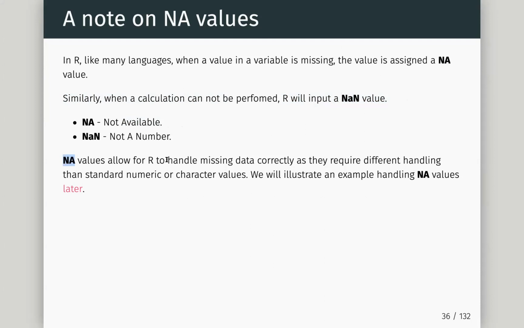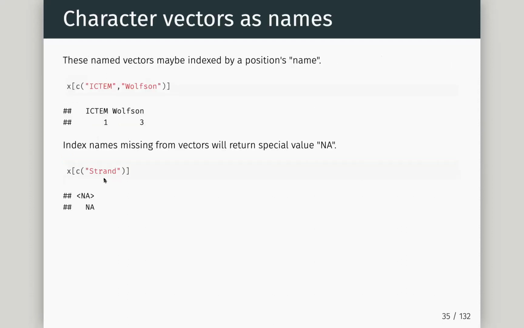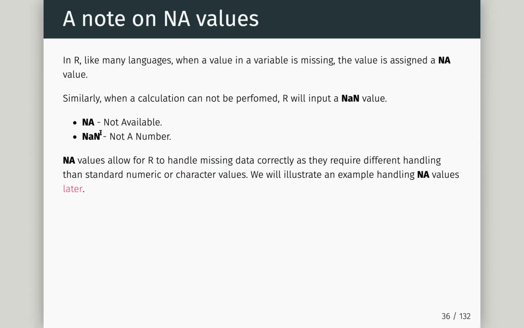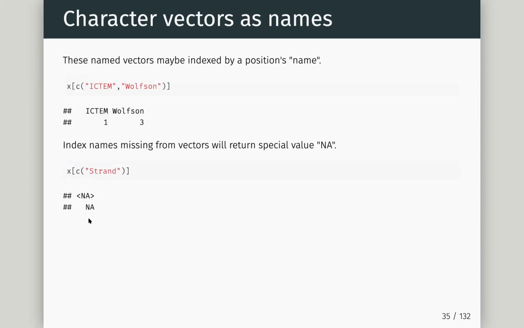Later on, we're going to learn some ways that we can remove them from our results, whether it's a not available value, where we didn't have a value for it, or something went wrong in the calculation and we have NaNs. So when we start to see these as we move along, these are special values inside R.